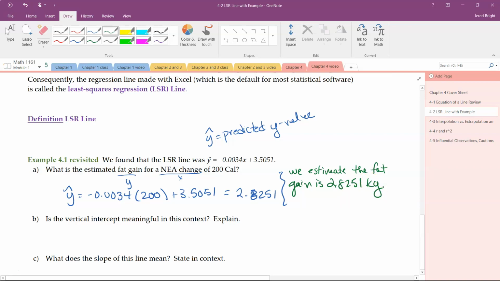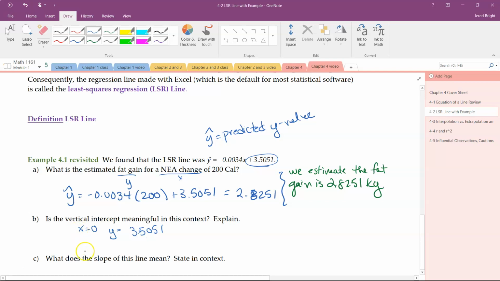Okay, is the vertical intercept meaningful in context? So again, vertical intercept would mean x is 0 when y is something, right? And that's just our y-intercept. So y would equal 3.5051. And in some context, this number is going to make sense.